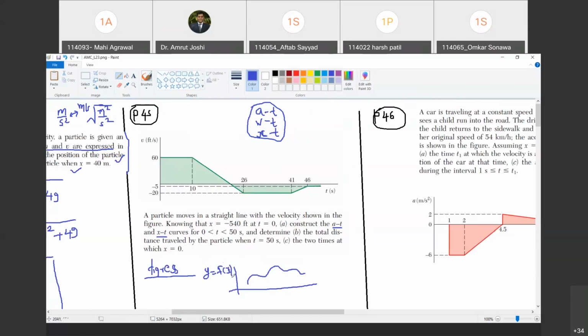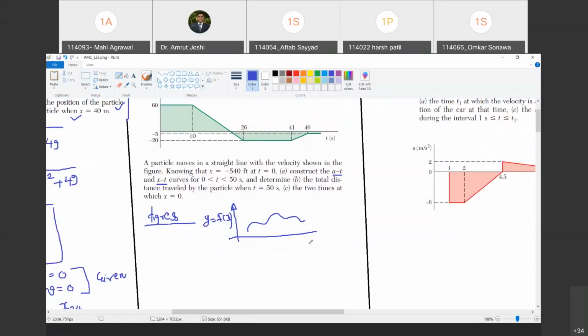So on the y-axis, I am plotting the value of that function, and on the x-axis, I am plotting x. For better understanding, now let us take this as a sine function. So let me say y is equal to 10 sine x. Are you with me? Yes, sir.